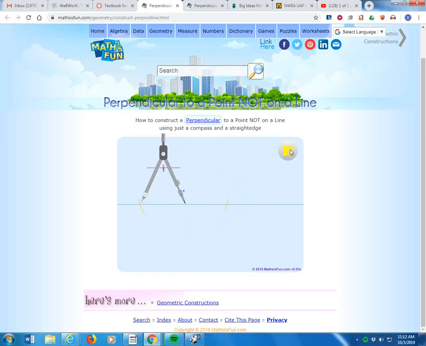Now you're going to take the point, and you're going to align it with the intersection of that arc and the line. So you're going to line it right here. And you're going to come out, you may have to widen your compass a little bit. You want to come out so that you're connecting somewhere below the line. And use that same measurement from the other intersection below.